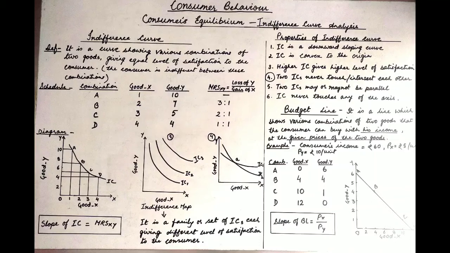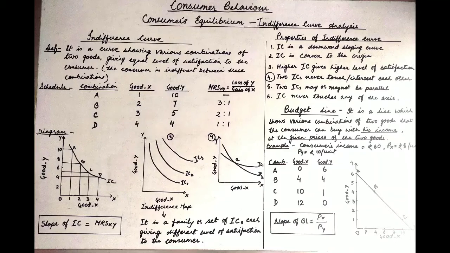Any combination on a higher indifference curve will give more satisfaction than a combination on the lower indifference curve, since the former combination will have more amount of one commodity or the other or more amount of both the commodities. Here in this diagram, IC3 is greater than IC2 and IC2 is greater than IC1 in terms of level of satisfaction.